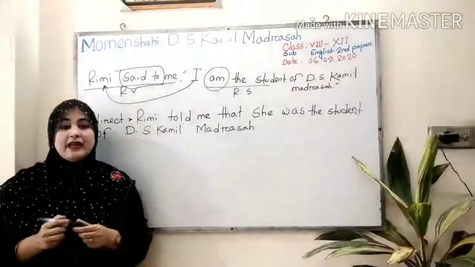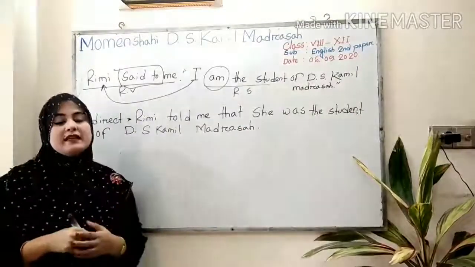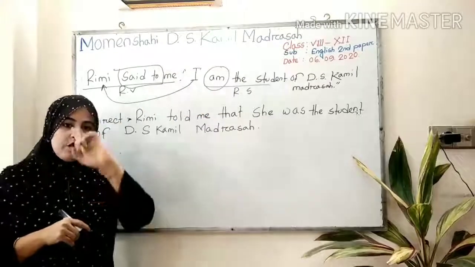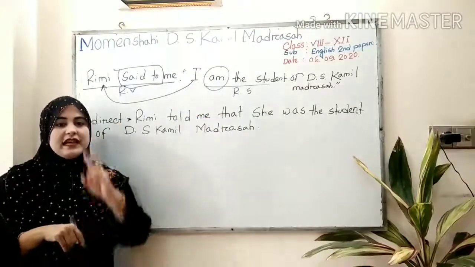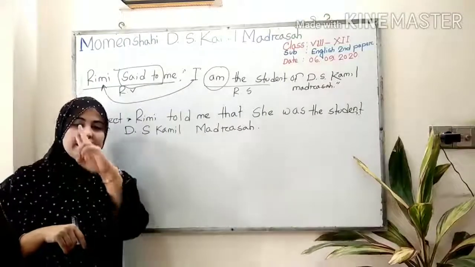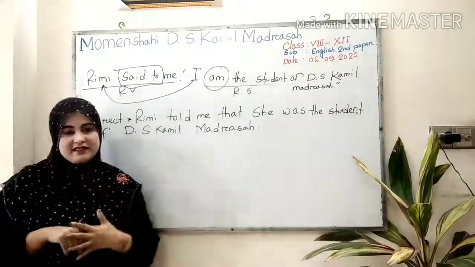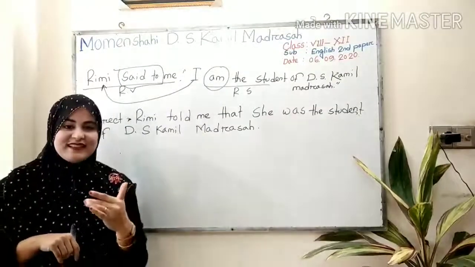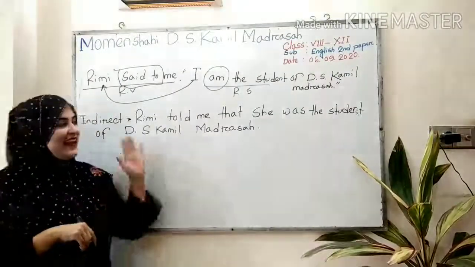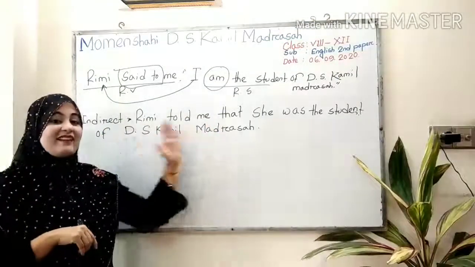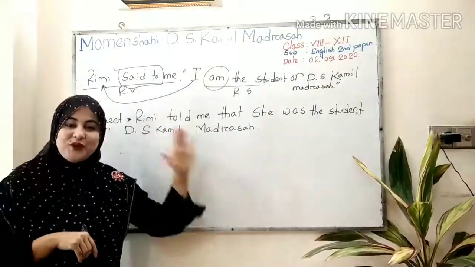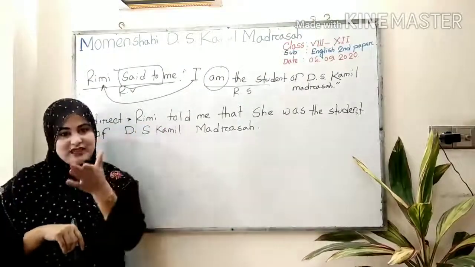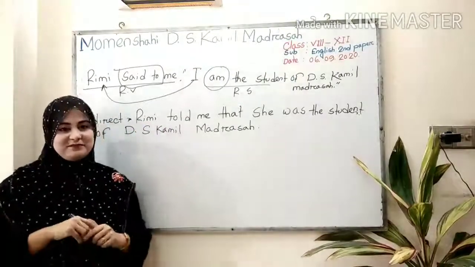So again look, in changing direct narration into indirect narration, you just change only two types of words. One is person and the other one is auxiliary, and the full sentence is the same. So don't get puzzled to change direct into indirect narration.